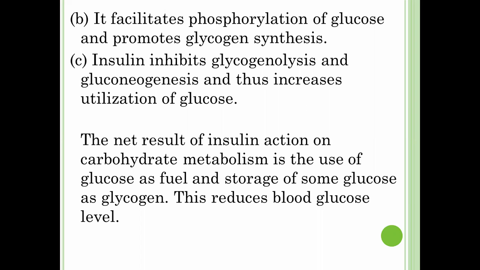So this must be the pharmacological action. It acts on the metabolism, maintains the metabolism of carbohydrate and fat, promotes glycogen synthesis, inhibits gluconeogenesis and glycogenolysis, and then utilizes glucose and maintains the normal blood sugar level in the diabetic patient.